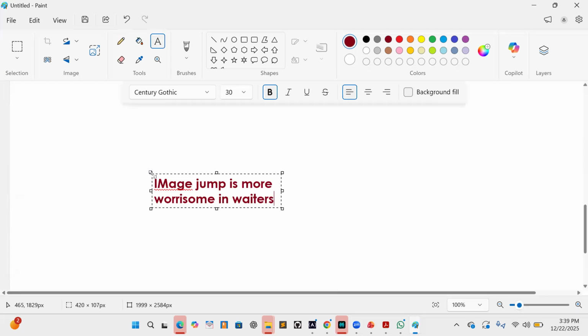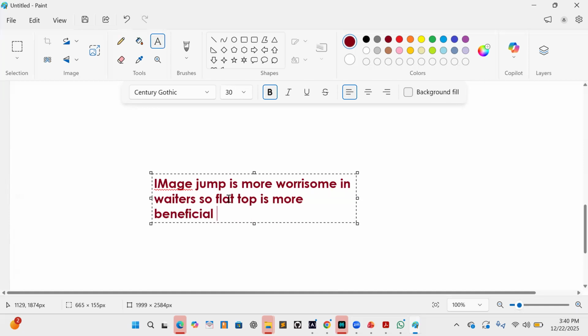So if you have a patient who is a waiter, and you want to use a segment that will minimize image jump, that means you are going to use a flat top, because in waiters image jump is of more significance to them. They don't want things to jump at them. So the flat top is more beneficial.